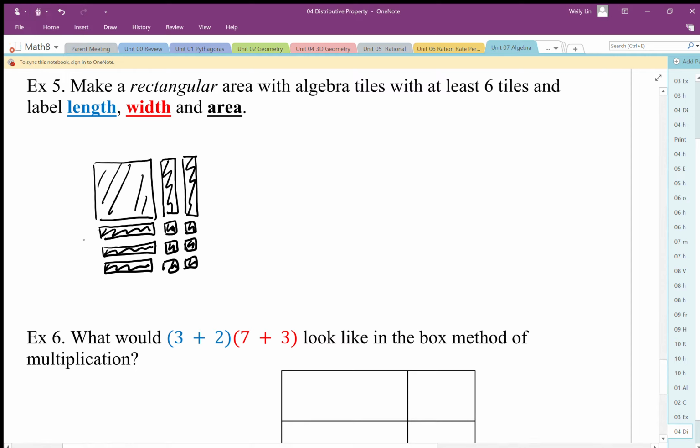So this length here is going to be x plus 3, and the width here looks like it is x plus 2, and the area then, I'm just going to write this out here. I'm not exactly sure how I would multiply this out because I'm going to have to group that bracket as my length, and I'm going to have to group the other bracket as my width.